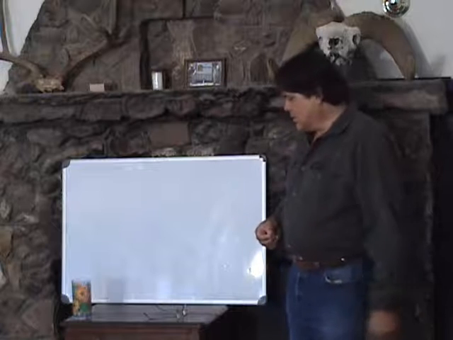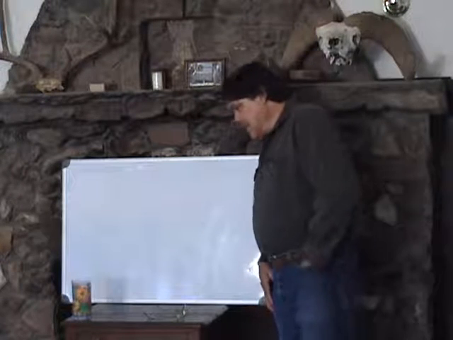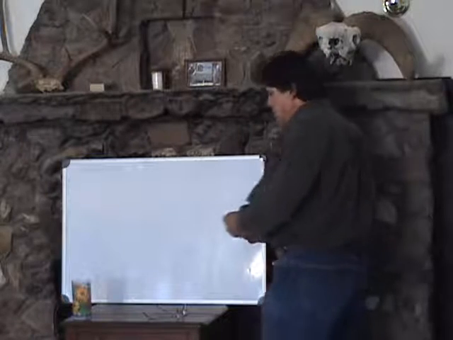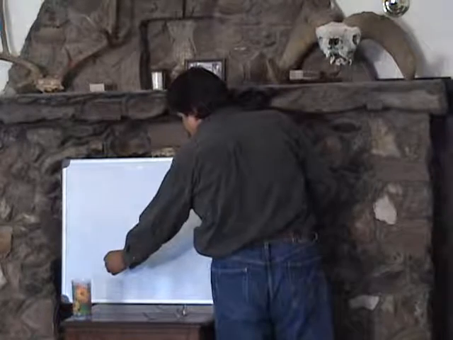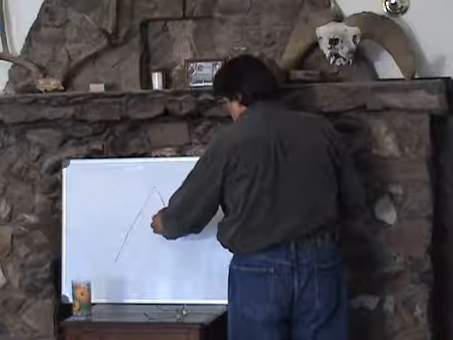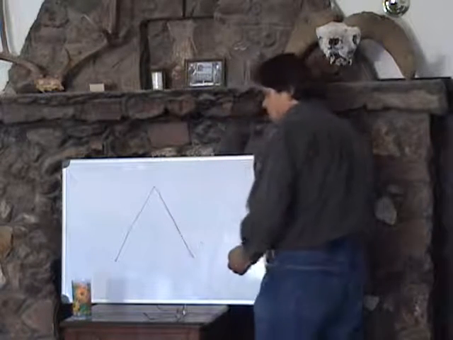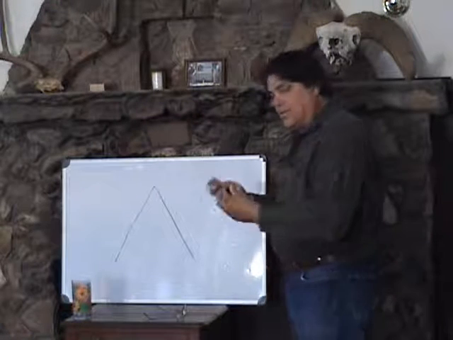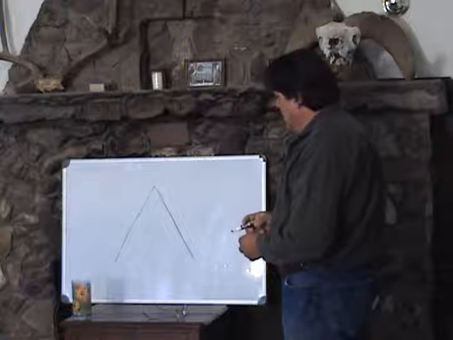So let's get started with our lecture here. We're going to start with a fairly normal mountain, as we've talked about before. And this mountain is primarily made of stone. And of course we have all the runoff issues and so forth.